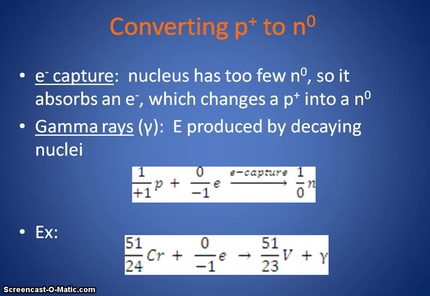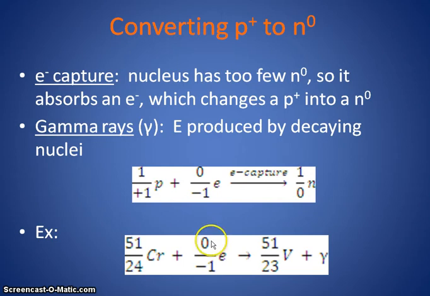And the gamma rays are the high energy, short wavelength, electromagnetic energy waves that are produced by decaying nuclei. As the nuclei stabilizes, it's going to release this gamma ray to help stabilize.